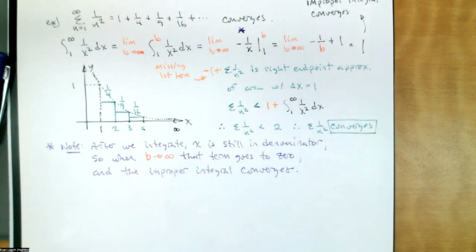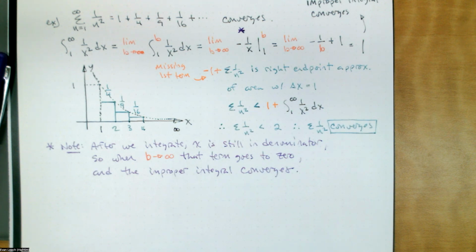After we integrate, x is still in the denominator because we add 1 to the exponent. We started off with an exponent that was more than 1. So when we add 1 to the exponent, the x stays in the denominator. So when b goes to infinity, that term goes to 0, and then the improper integral converges.